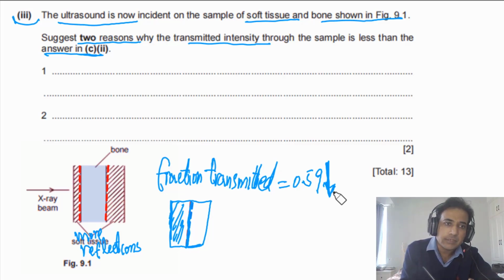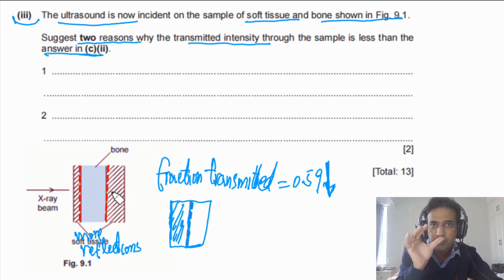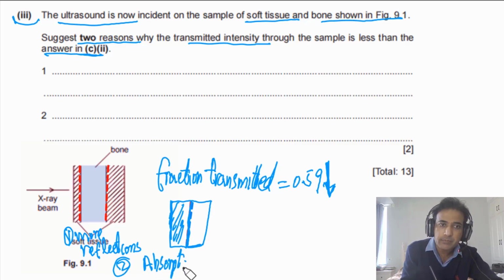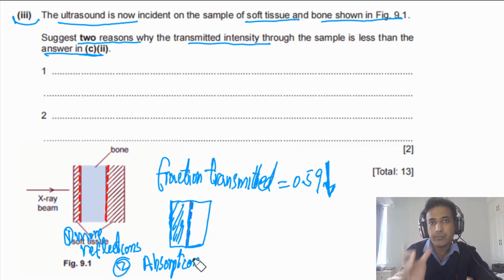The second reason is that when ultrasound waves pass through the medium, some of them will be absorbed, so the ultrasound will be attenuated. One reason is more reflections, the second is absorption in soft tissue and bone.